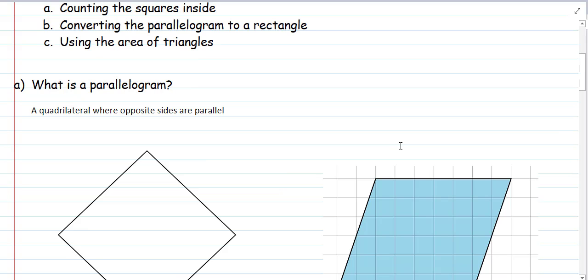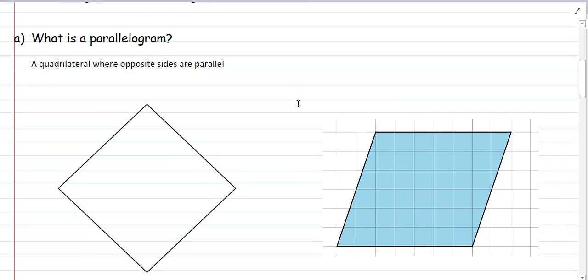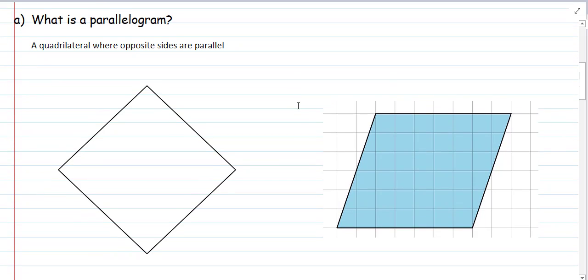Let's try to identify a parallelogram. A parallelogram is a quadrilateral. The special property of a parallelogram is that its opposite sides are parallel. Now in this figure you can see these two lines are parallel to each other. In the same way here, these two lines are parallel to each other.